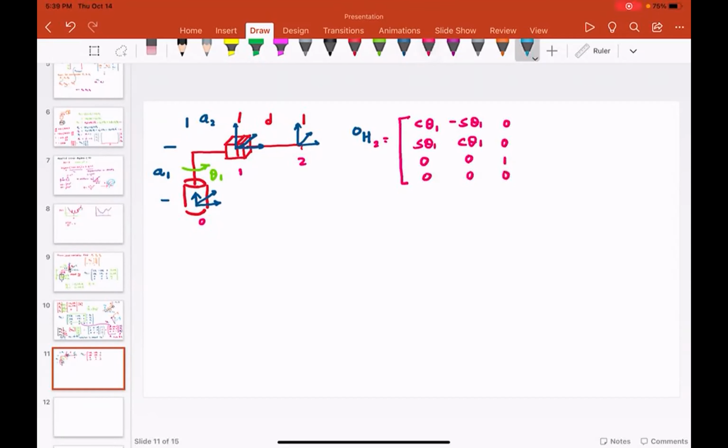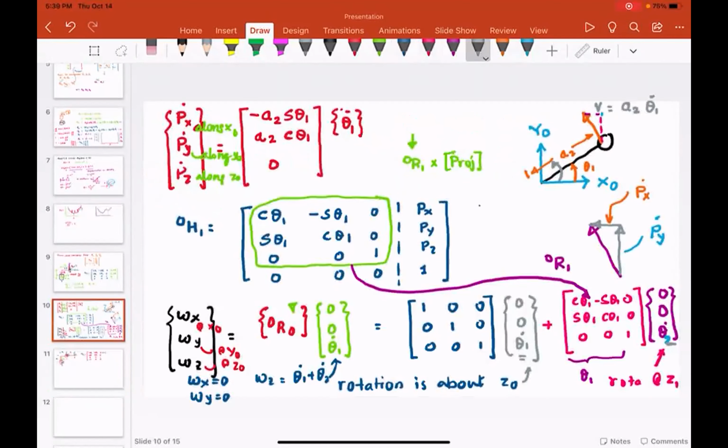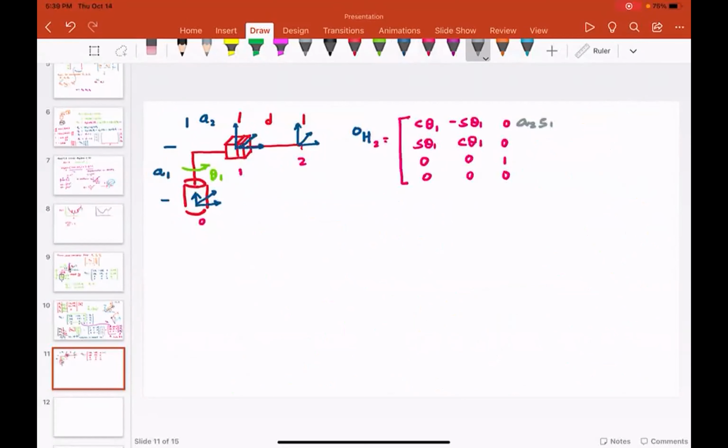And here you will see it will be A2 sine theta 1.